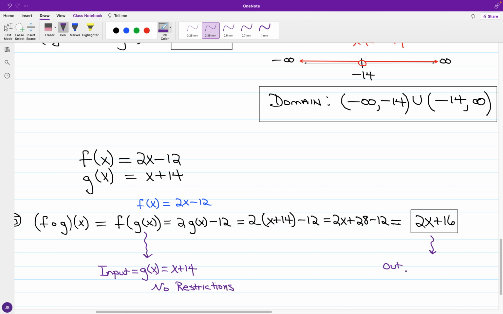Since you don't have a fraction or an even root radical or anything that creates an exclusion from the real number system, we also have no restrictions.